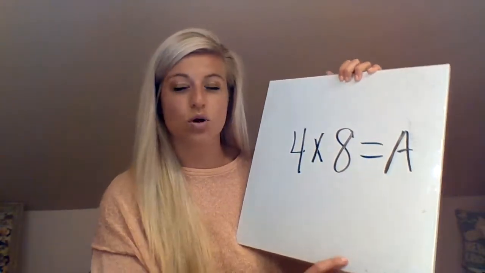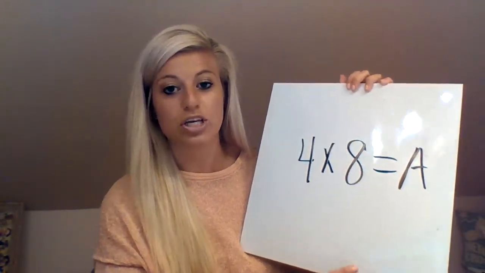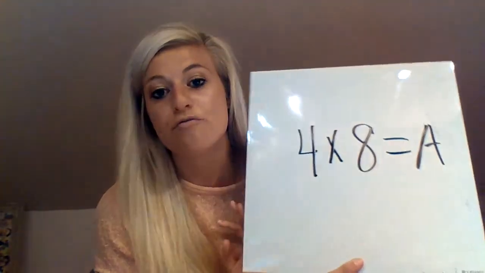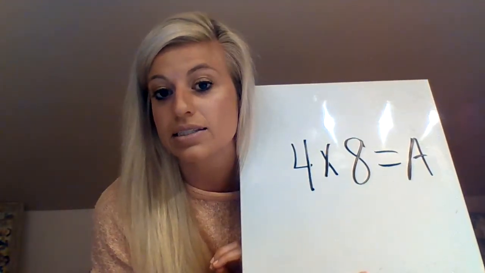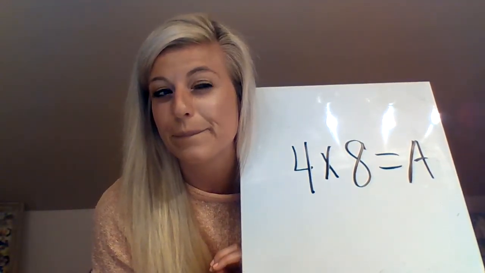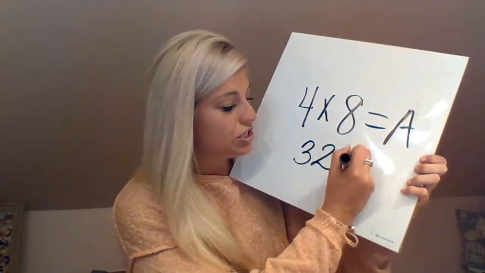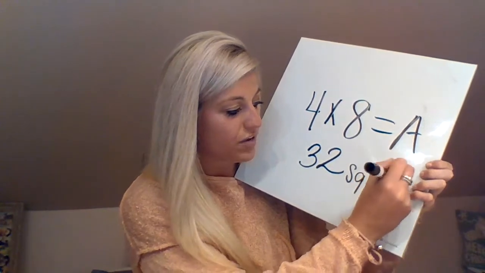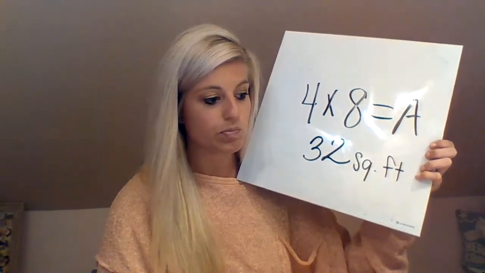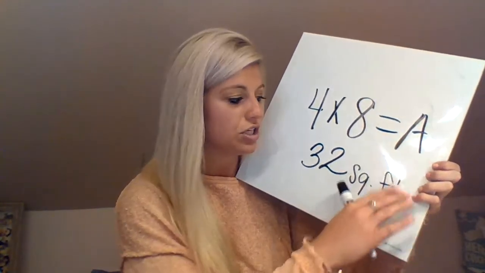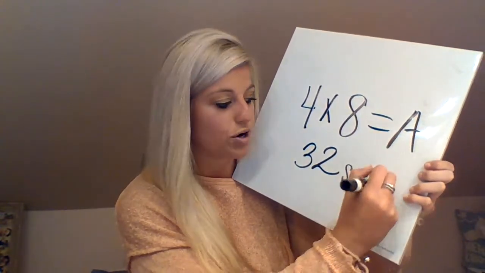Well, what is 4 times 8? Hopefully you haven't forgotten this, but 4 times 8 is 32, okay? So my answer is 32 square yards, and they already put the unit on there for you.